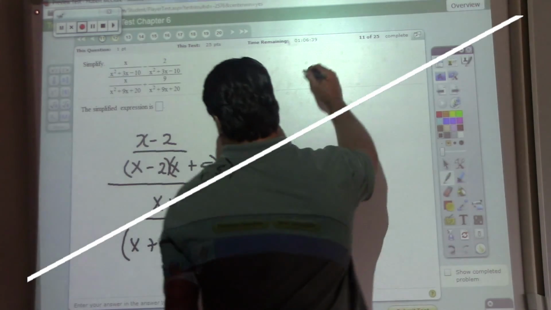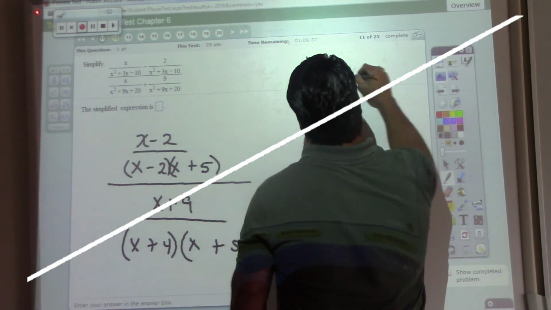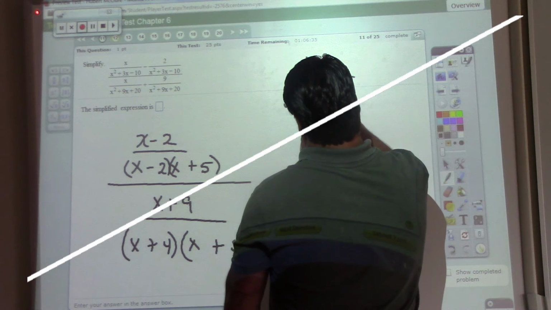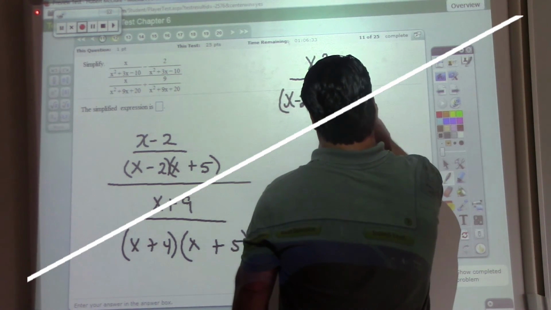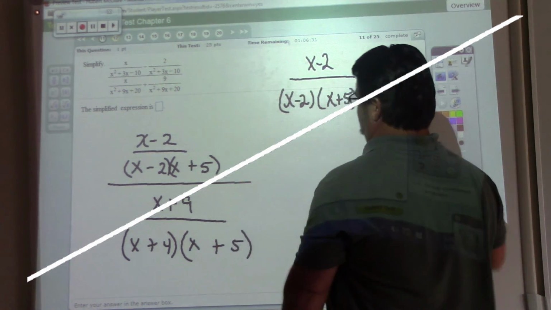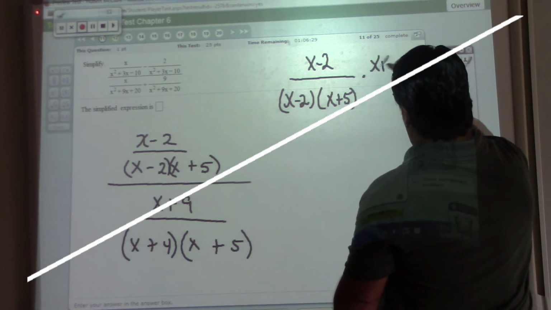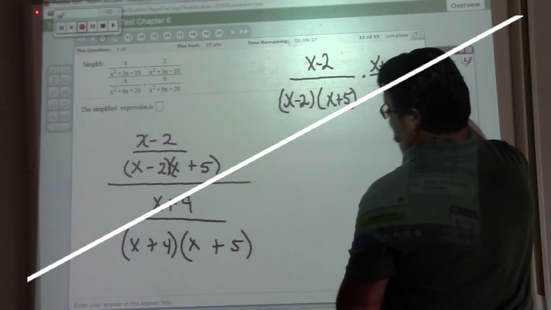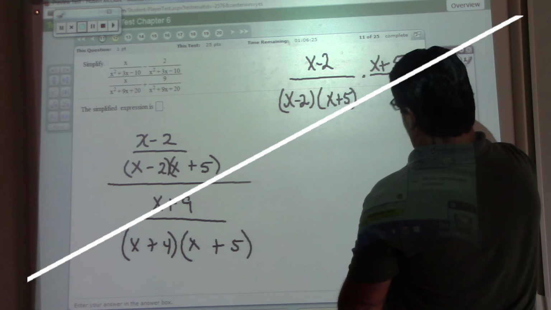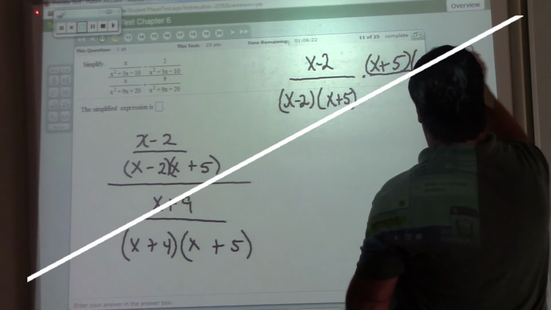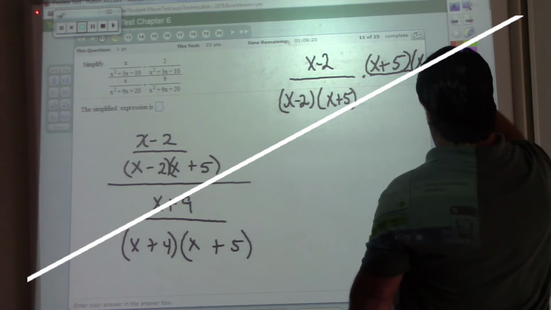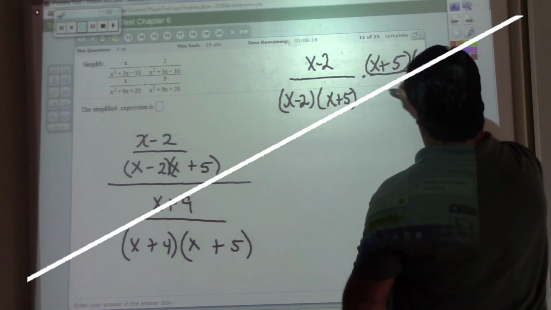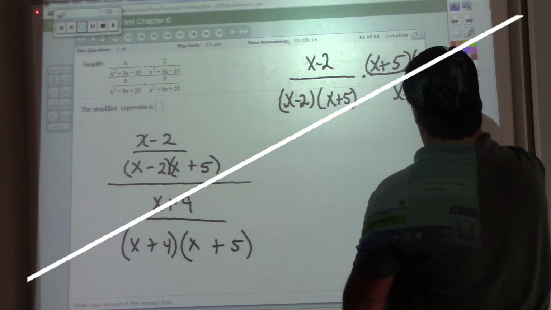So now we go x minus 2 over x plus 5 times the reciprocal, x plus 5 over x plus 5 times x plus 4 over x plus 9.